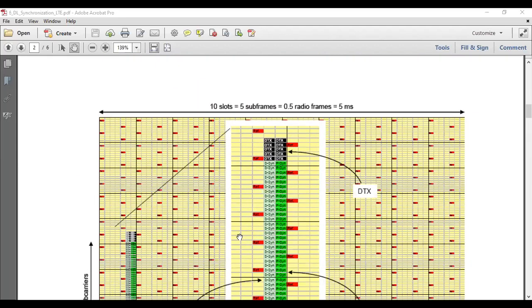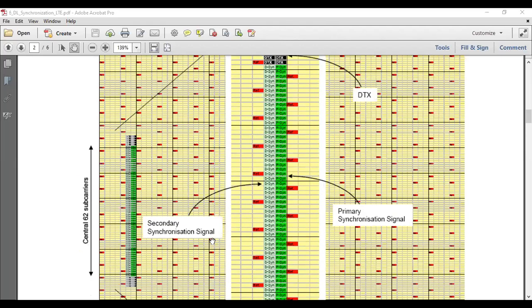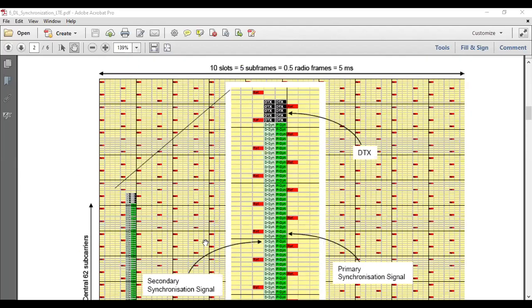We have the idea of radio frames, 10 millisecond long radio frames, and subframes, 10 subframes in there, each 1 millisecond long. In one radio frame, you have two transmissions of the set of PSS and SSS.